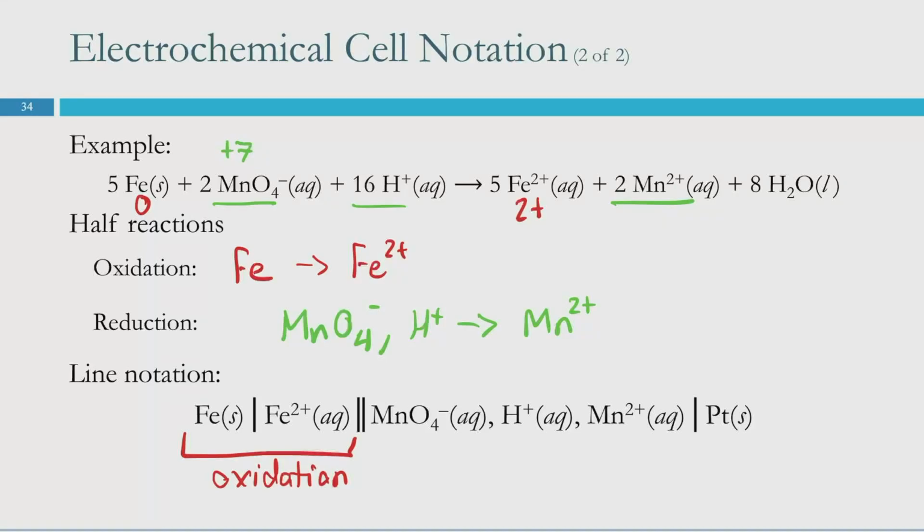We're going from a +7 to a +2. That's a reduction in oxidation number. So that's the other way that we would figure out that it's the reduction half reaction.